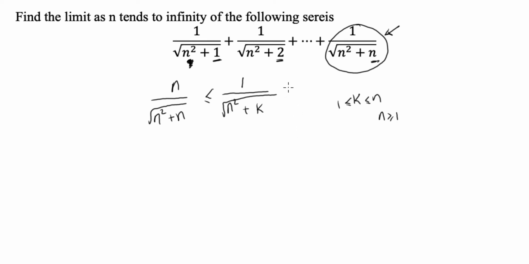Conversely, we also know that this general term here is always going to be smaller than or equal to the biggest term in this sequence, which is the first term, 1 over n squared plus 1. And we need to remember here that this is a general term for the whole series.